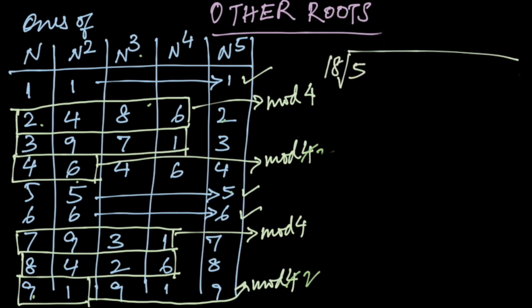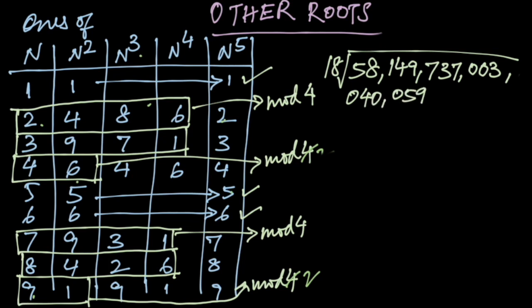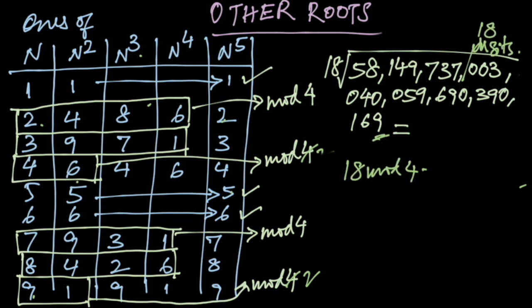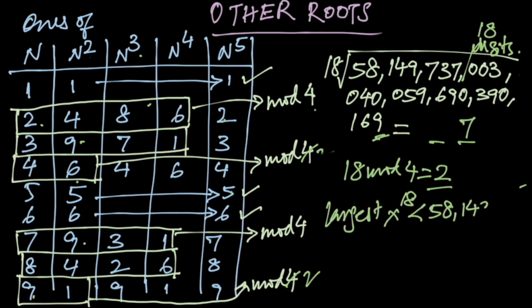Now let's do one more example. Say we have to find the 18th root of this number. Here again from the right we take 18 digits and we split the number there, and here it is ending with 9. So it could be 7 or 3. Now we have to find the largest x whose 18th power is less than this number.